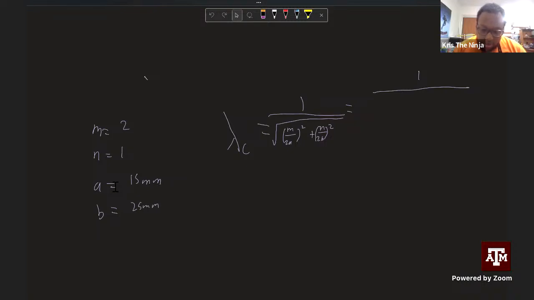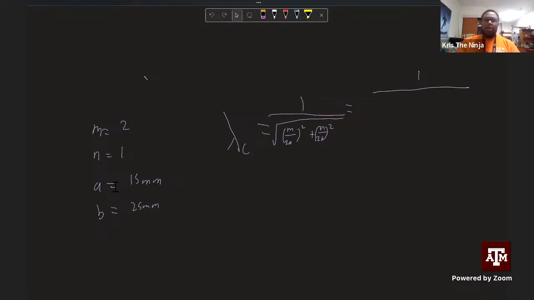It's important to know what your units are, because if your units are off, you'll have an incorrect answer. That's squared, plus 1 over 25 times 2, so 50 millimeters, and that's squared as well.